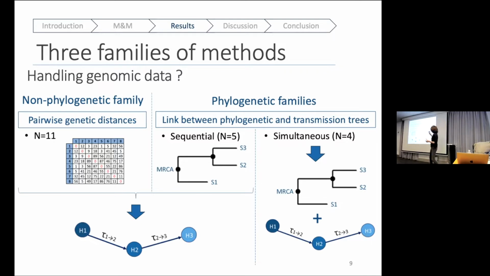There were 2 types of families: the sequential phylogenetic family of 5 methods reconstructed the phylogenetic tree prior to the implementation of the method, while in the simultaneous phylogenetic family, both trees were simultaneously inferred.